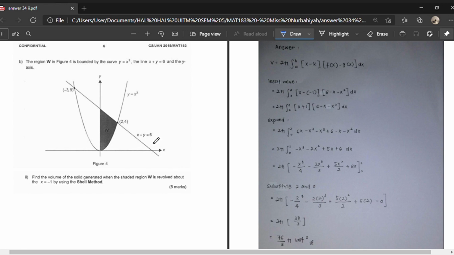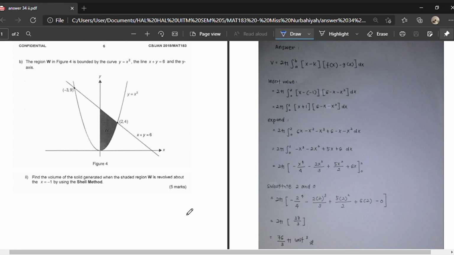We get x plus y equal to 6 and the curve is y equal to x squared, and the points are also given, 2, 4 and also negative 3, 9. So the question is to find the volume of the solid generated when the shaded region W is revolved about x equal to negative 1 by using the shell method.